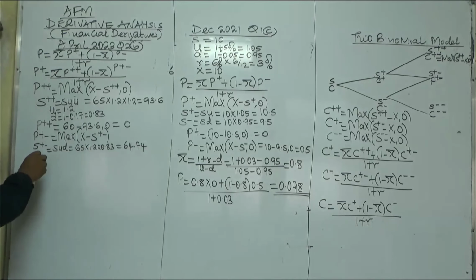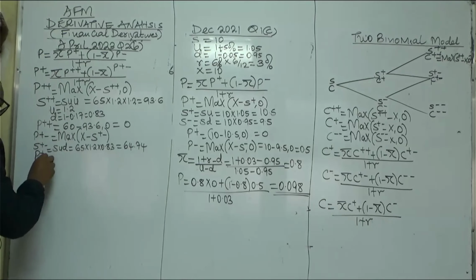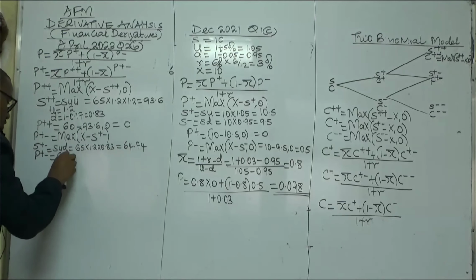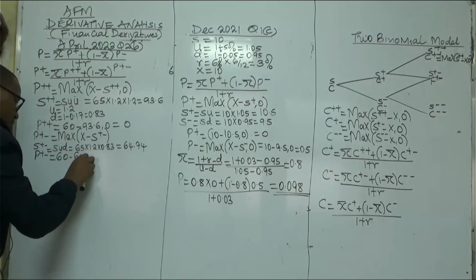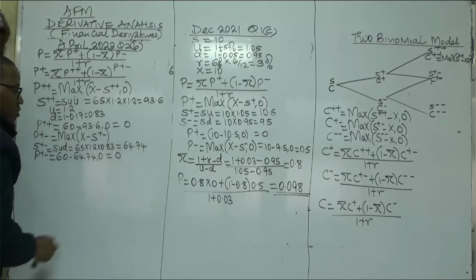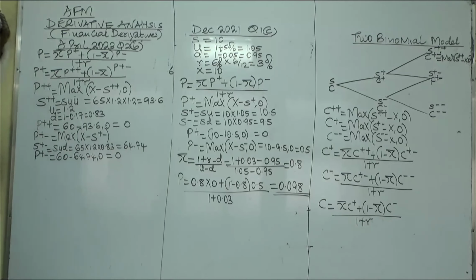So my P plus minus will be the maximum of the exercise price 60 minus 64.74, compared with 0. This will automatically be 0.